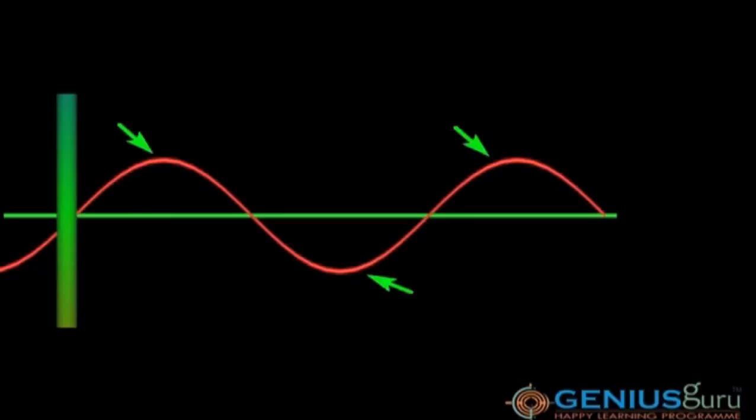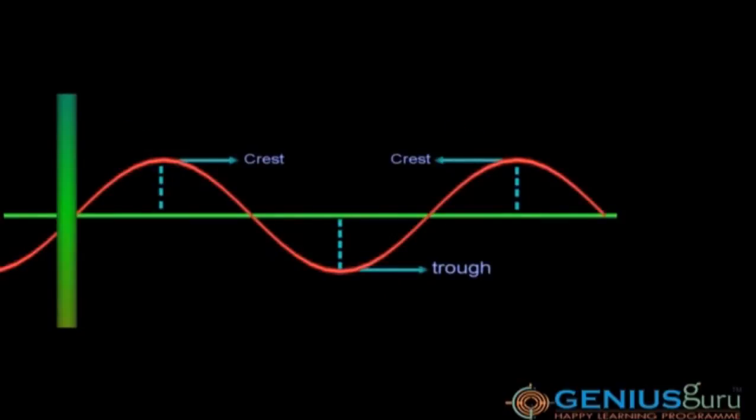Look at this. This is called a crest, so the upper portions are represented as crests. Now, the depressions here are called troughs. So a wave consists of a series of crests and troughs.